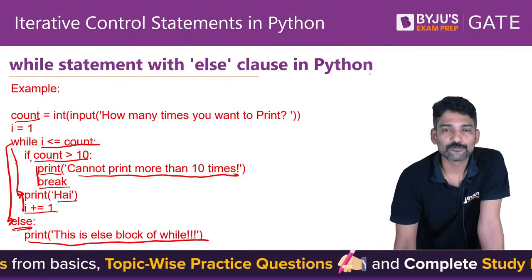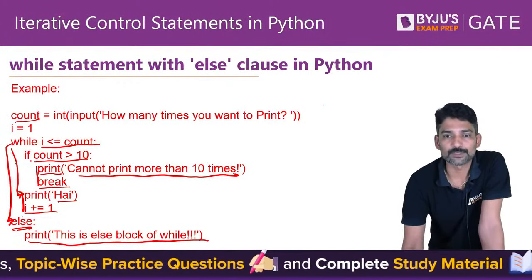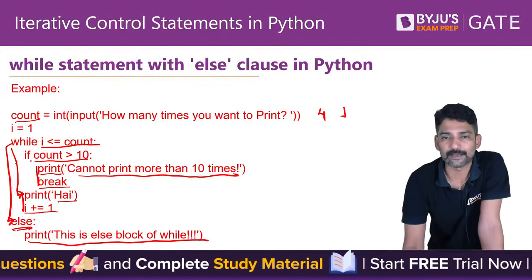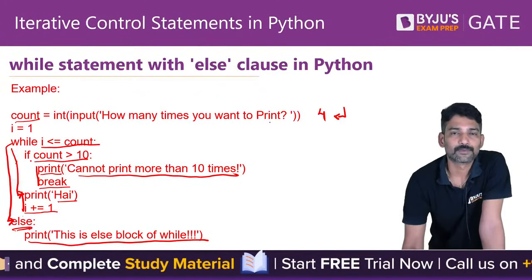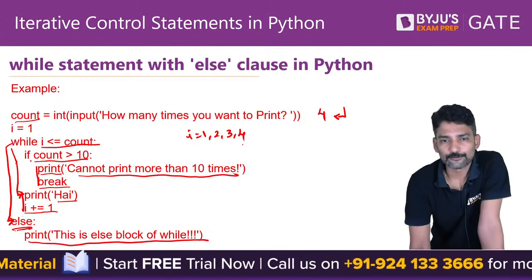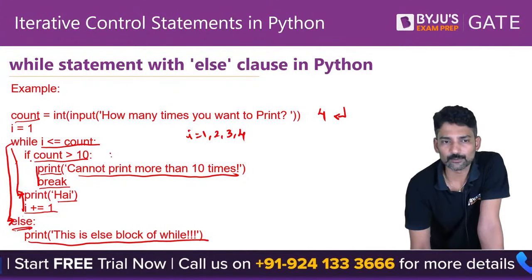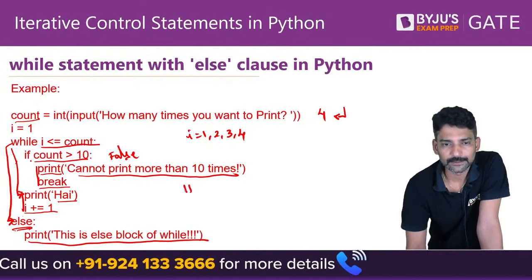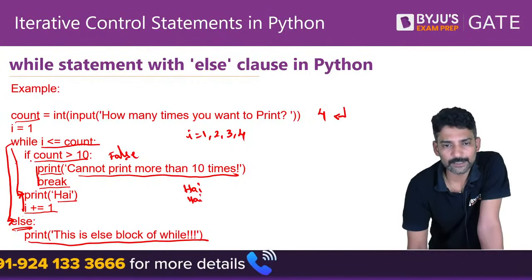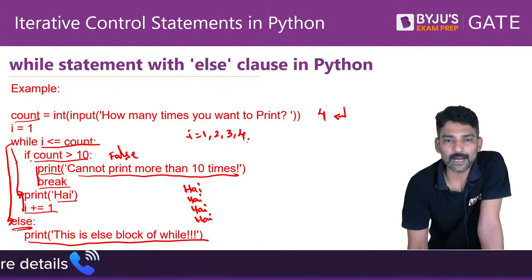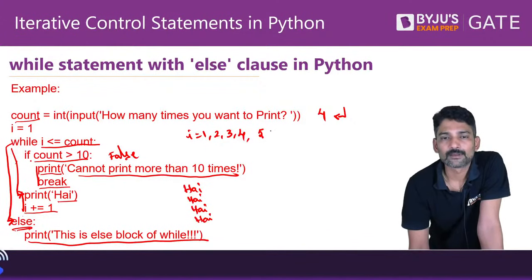Let us suppose I am giving the count as 4. For i equal to 1, 2, 3, 4, the if condition would be false. So print hi, and hi gets printed 4 times. Whenever i becomes 5, 5 less than or equal to 4 is false.